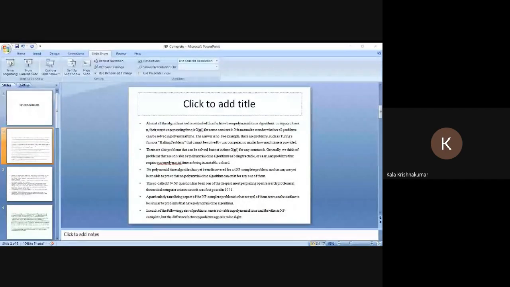Most of these algorithms are polynomial time algorithms, which means their worst case running time can be represented as O(n^k) for some constant k.